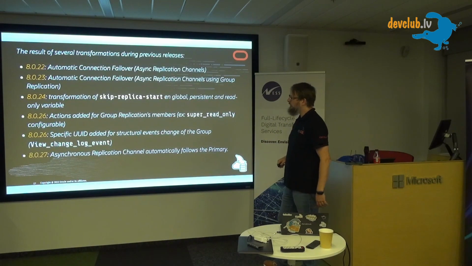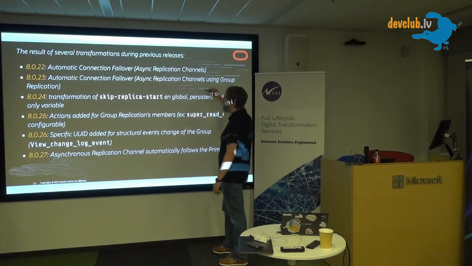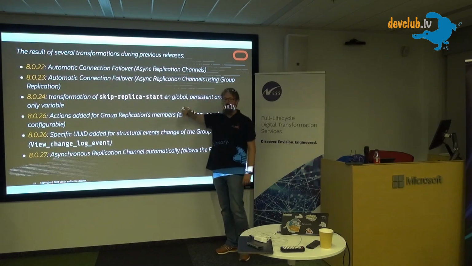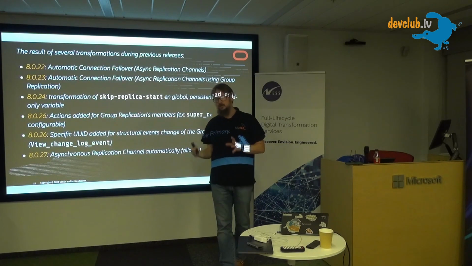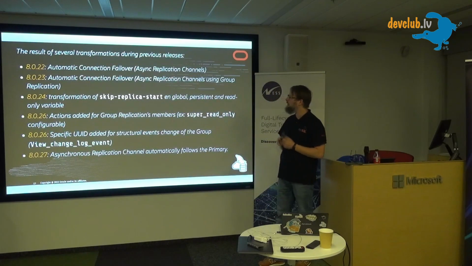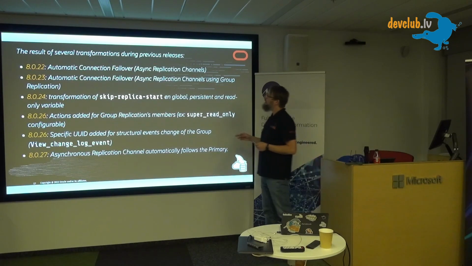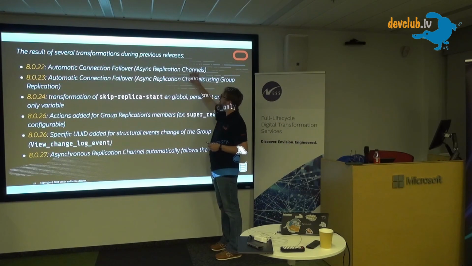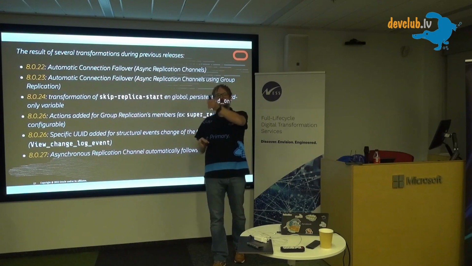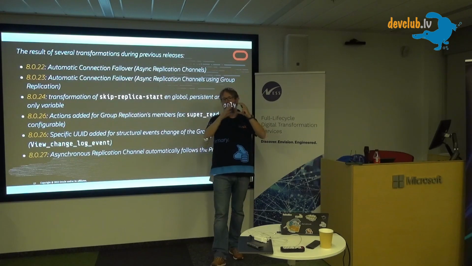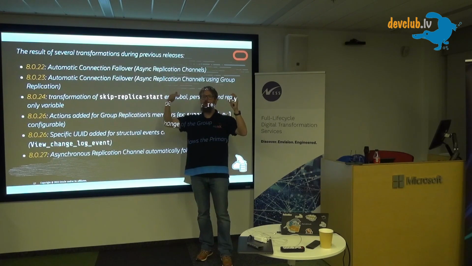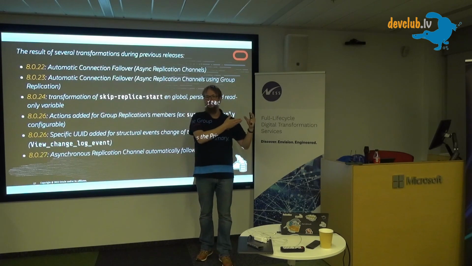This is stuff that maybe you never heard about, and it's a pity if you are using asynchronous replication. But all this evolution is the result of a combination of a lot of work that the replication development team has done in MySQL. For example, we have connection failover. If you are using asynchronous replication, when the source dies and somebody else is promoted, you need to reconfigure all your replicas to point to the new one.